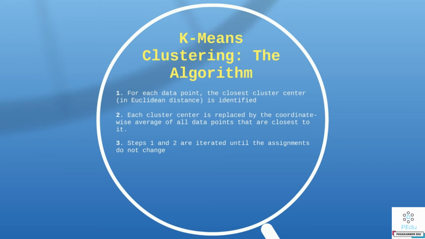And so our last part of this algorithm is just to repeat these steps, finding the closest center and then updating the center average until the assignments do not change and all of the points are into their respective clusters.